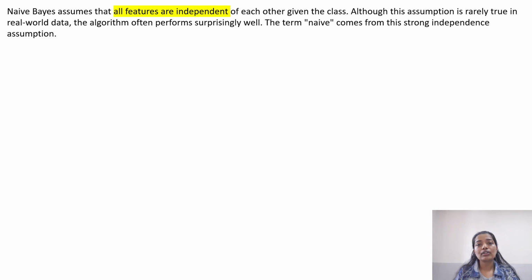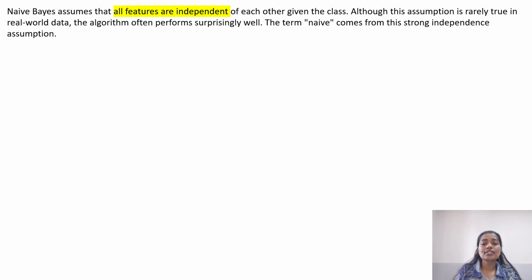Mostly, like 90% of the times, whatever the data set is, there may be multiple features in that data set, and they are dependent on each other. So in real world scenarios, feature independence rarely exists.